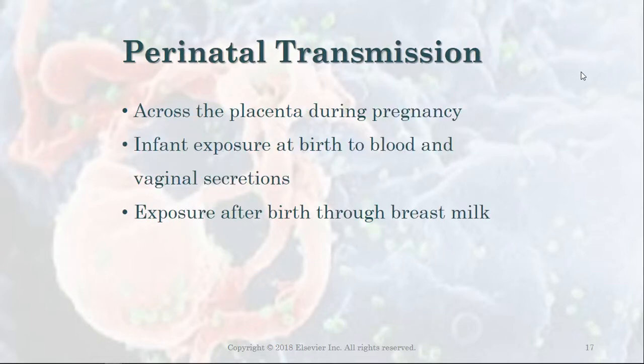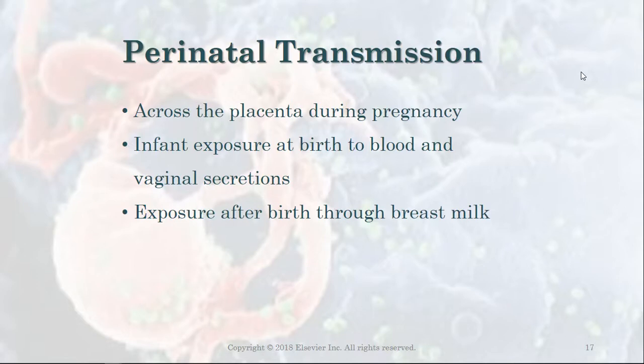Another mode of transmission is perinatal transmission, and that occurs across the placenta during pregnancy. The infant can be exposed at birth to the blood and vaginal secretions of the mom, and then could be exposed after birth through breast milk. So education is key.